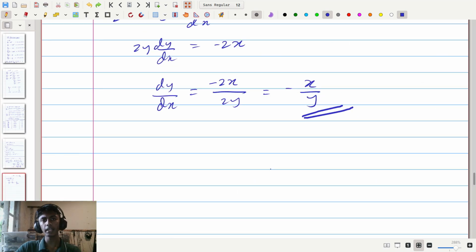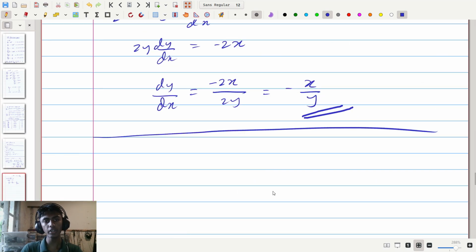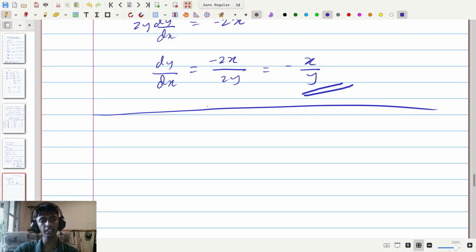While we're at it, I should mention another thing. Here what we've been doing is taking the derivative with respect to x. We could also take the derivative with respect to y. What I mean by this is we could take f of x comma y as x squared plus y squared minus 1, and instead of taking the derivative with respect to x, we could take the derivative with respect to y.